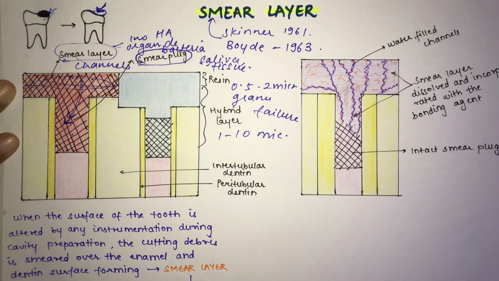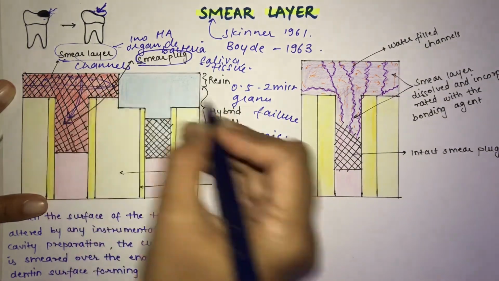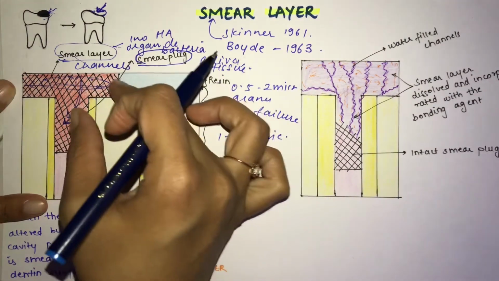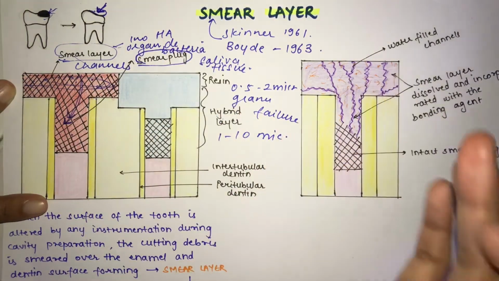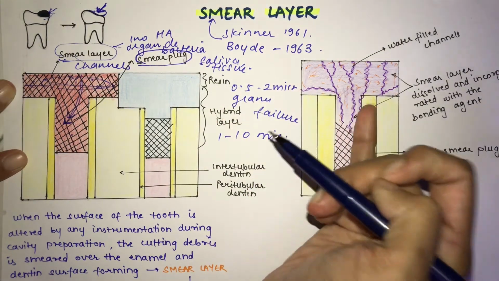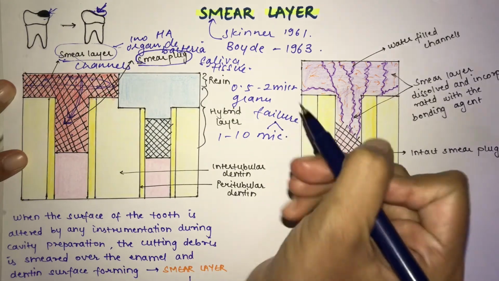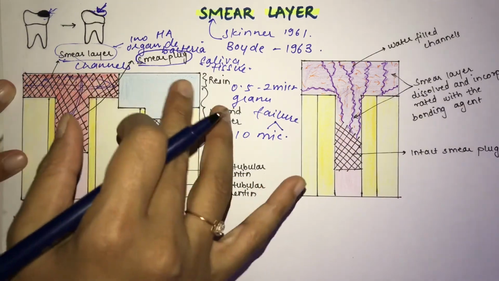To overcome this low bond strength, two strategies were put forth. The first one is the removal of the smear layer. Over here you can see you have removed the smear layer. The next strategy was modifying the smear layer or dissolving the smear layer. These were the two approaches put forth for removing or modifying the smear layer.